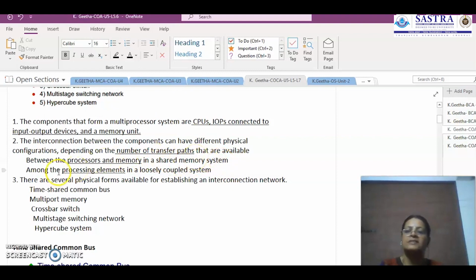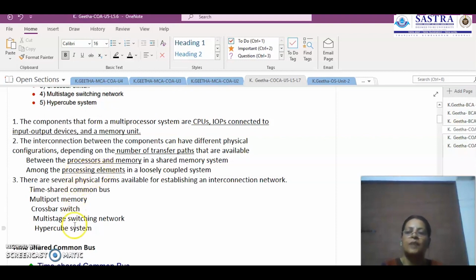And if you take connections across the processing elements alone, these processors can have some local memory attached to them, and such processing elements can be connected with each other in a loosely coupled form, meaning that there is no concept of sharing the memory. Instead, everyone will have some dedicated memory. So if each has dedicated memory, how are they going to communicate with each other? Each processing element will communicate with another processing element by passing messages. We have message passing mechanisms that will take care of communicating from one processor to another.